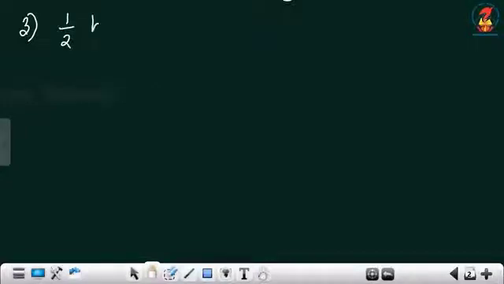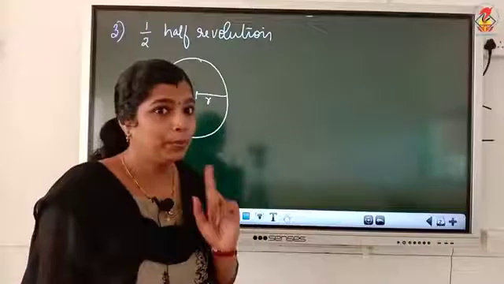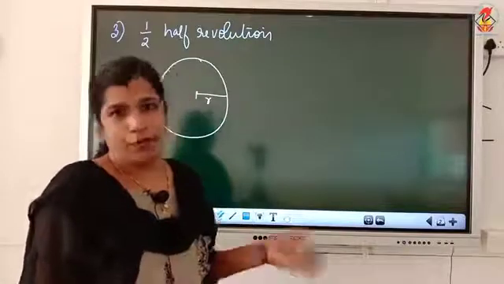After half revolution, an object is moving along a circular path of radius r. Calculate the distance and displacement after half revolution. Not one complete revolution, half.